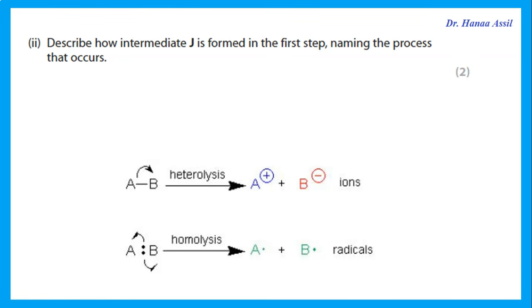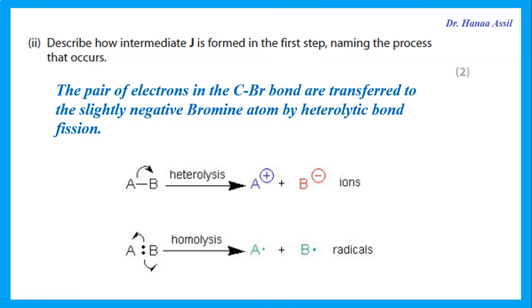This forms what we call free radicals, and this is called homolytic fission. Okay, what happened to form J? In J, the pair of electrons, both of them, are transferred to the slightly negative bromine. So this is a heterolytic bond fission. That is the process.